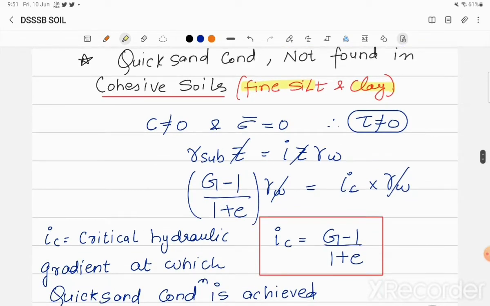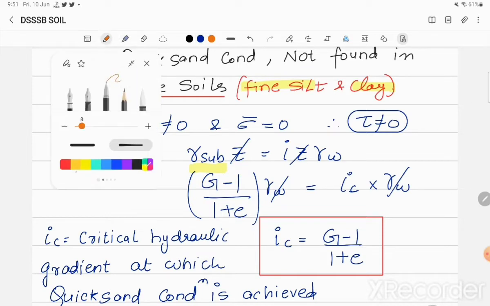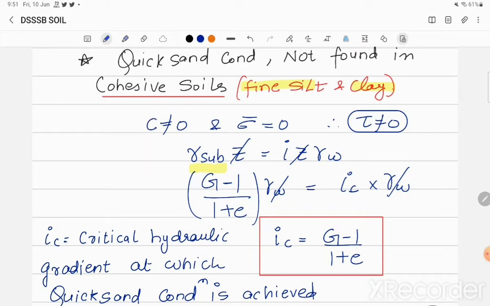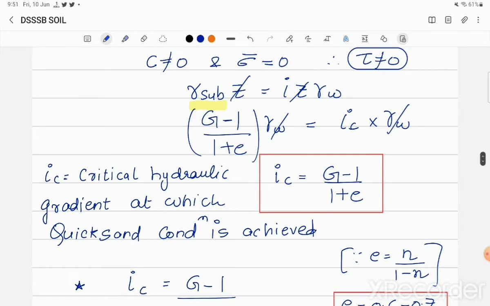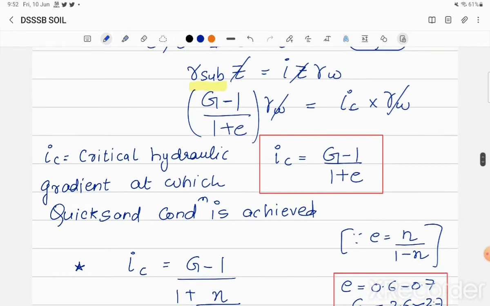Now, from the formula, we had gamma sub z equals i z gamma w. Gamma submerged can be written as G minus 1 over 1 plus e. So Ic is (G minus 1) over (1 plus e). Ic is the critical hydraulic gradient at which quicksand condition is achieved.